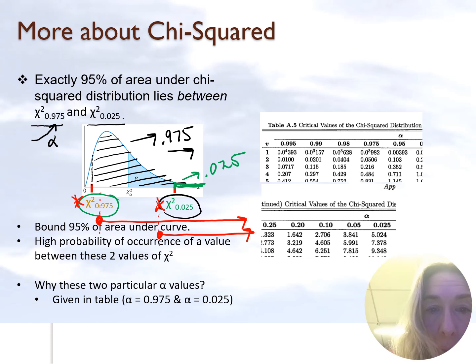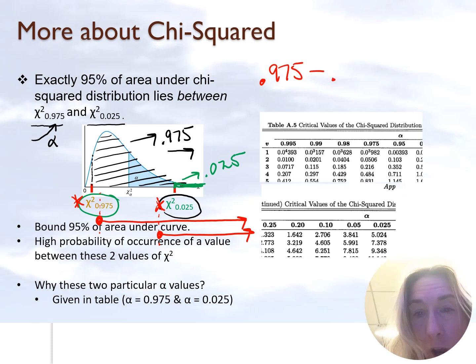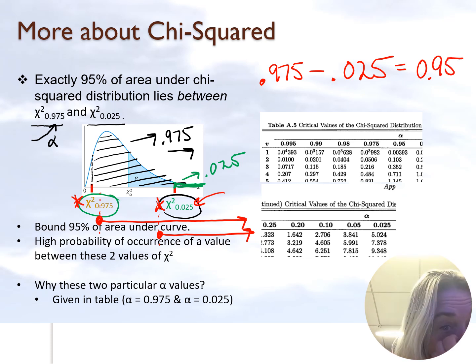Mathematically, that is all the area to the right of the first one, 0.975, subtract off all the area to the right of that one, 0.025, and you're left with 0.95. That's why we say exactly 95% of the area under the curve lies between those two particular critical values.